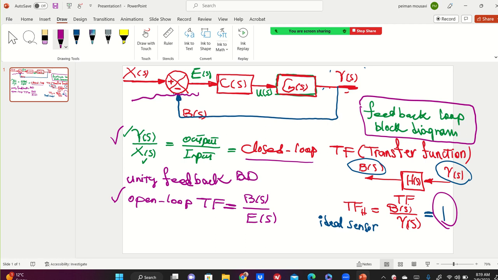It's B of S over E of S. But you see here that your B is Y. They are the same because this is unity feedback. You can say Y over E: output over error signal. Open loop transfer function.